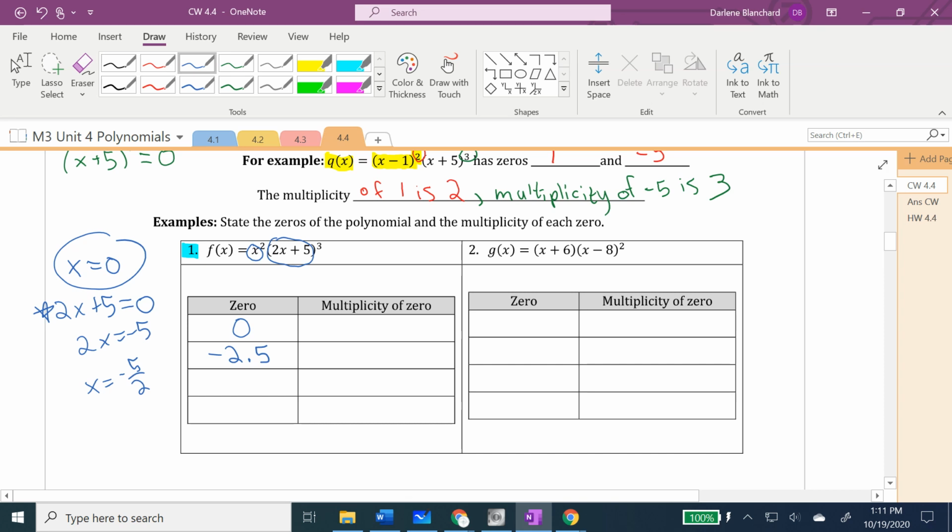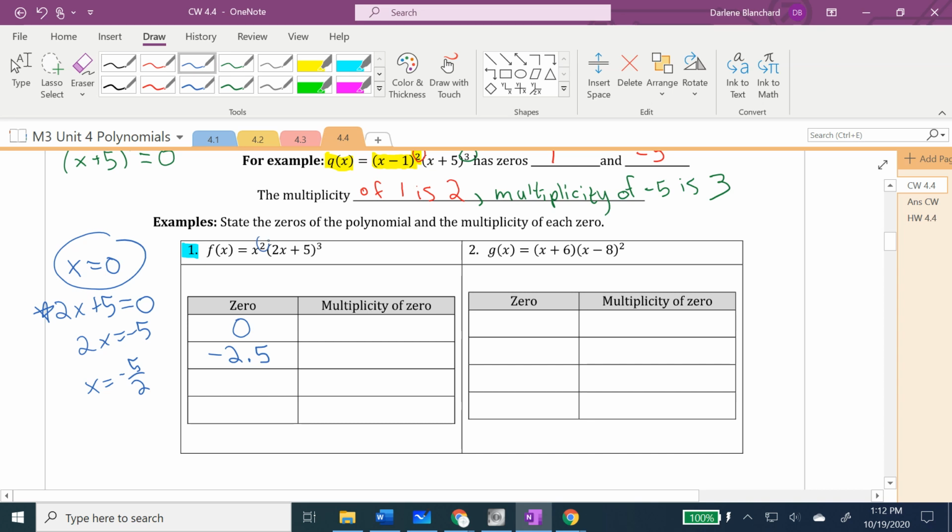Now, what is the multiplicity of the 0, 0? Correct. The multiplicity is the exponent number on the factor that created that 0.